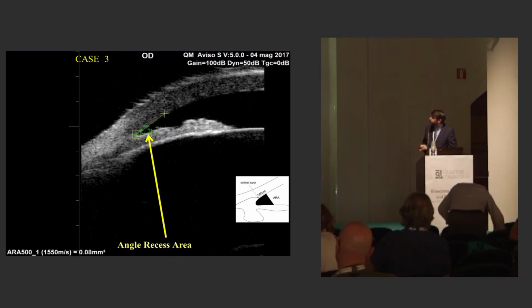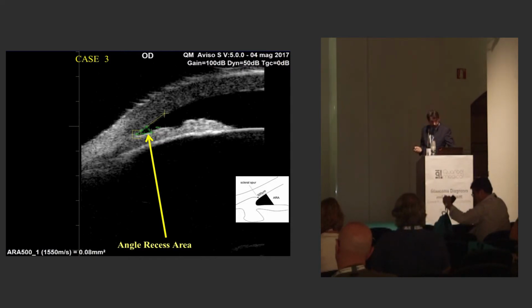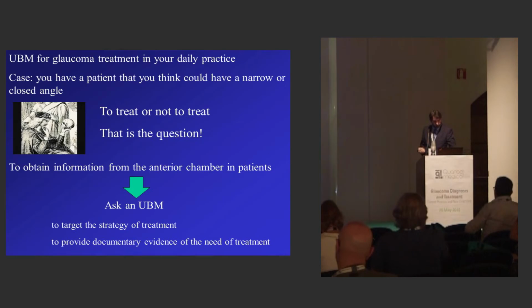And it seems to be important to assess the aqueous flow capacity. In our daily practice, a question when we think that a patient could have a narrow or closed angle is to treat or not to treat.